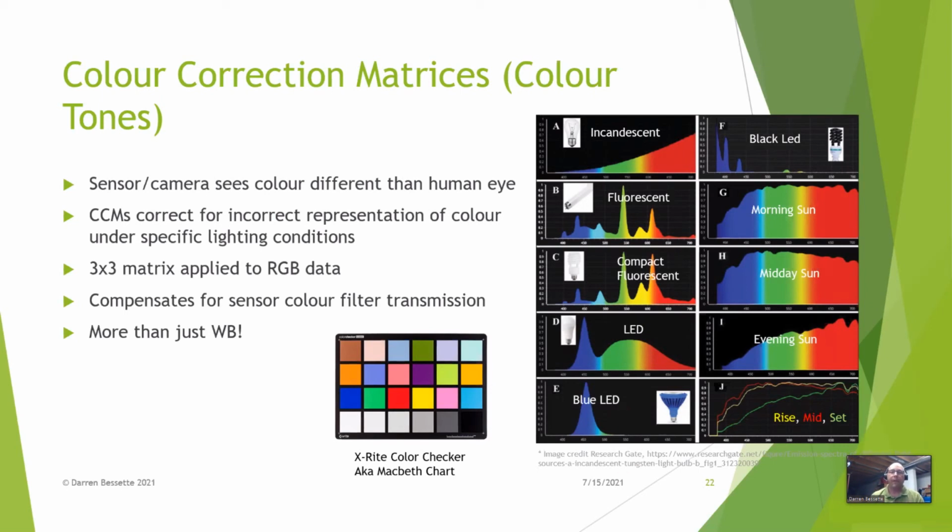Darren? Yep. So you're going to talk later about JPEG versus RAW, but when you say the camera is set for daylight versus fluorescent, the camera will process it differently. My understanding is the camera can process it differently if you ask for a JPEG output, but is any of this happening in RAW?